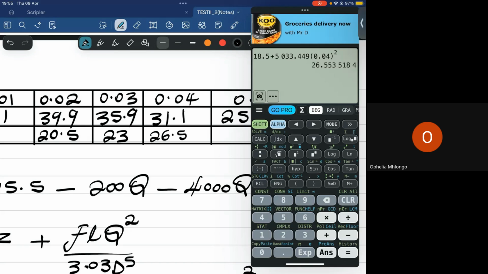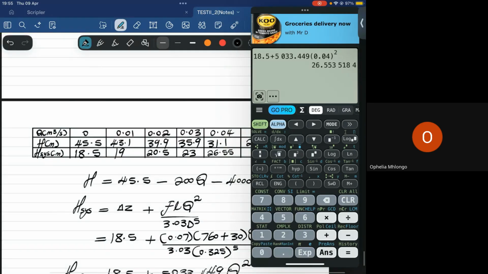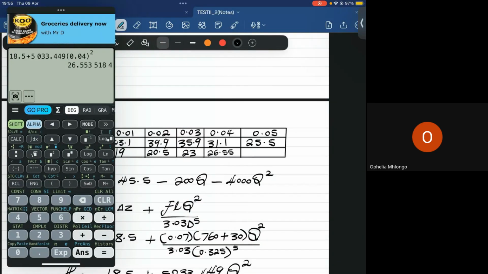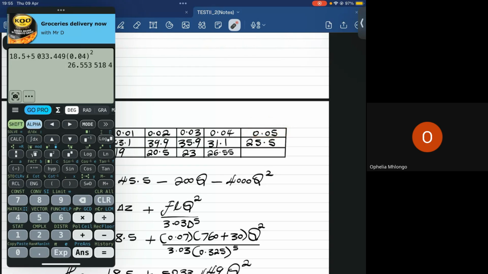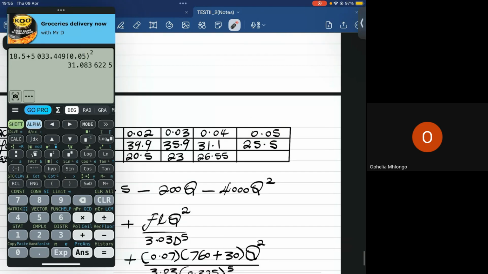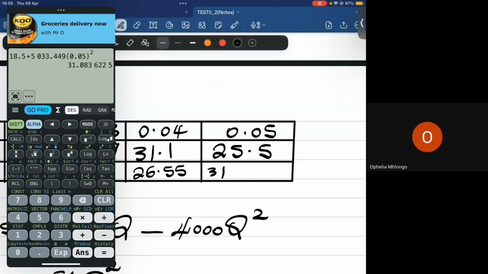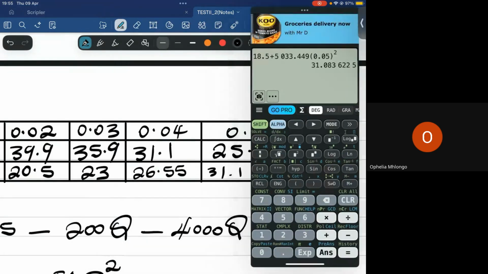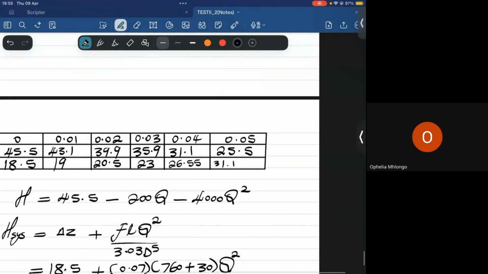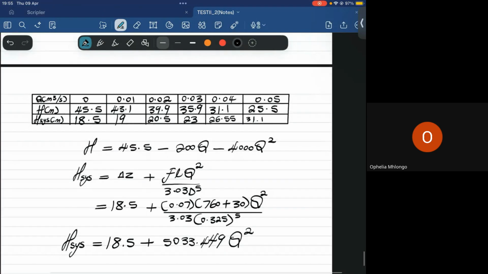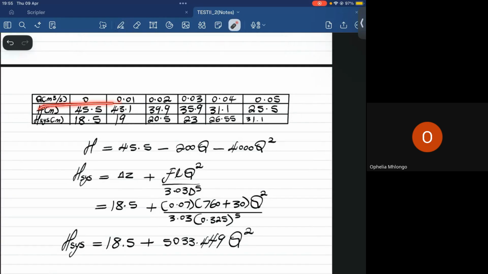Lastly, the volumetric flow rate is equal to 0.05, and that is equal to 31.1 or 31 meters. So that's how to generate the readings of the characteristic curve as well as the system curve.